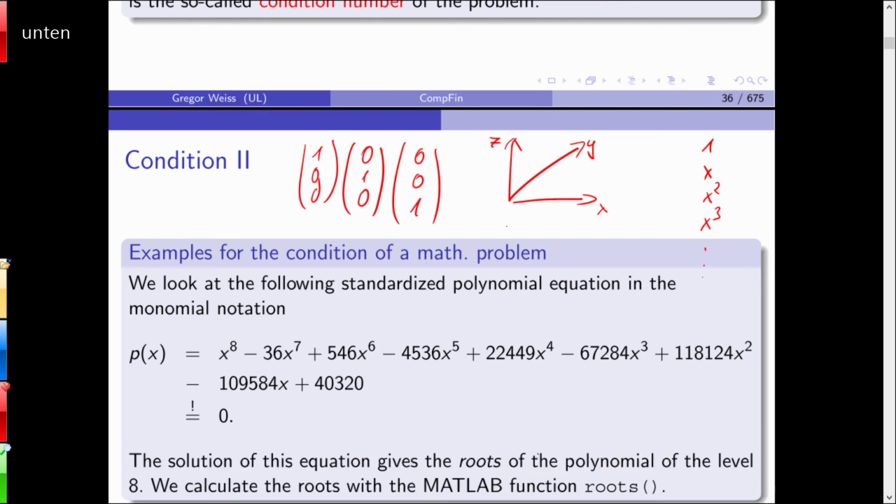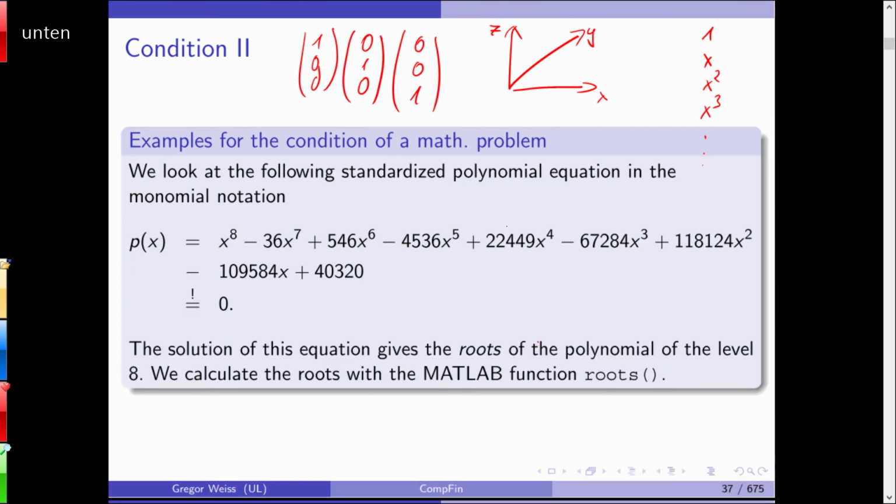This is a polynomial in the monomial representation: x to the 8th minus 36 times x to the 7th, and so on. And we want to find the roots, the zeros, the Nullstellen of this polynomial. We can simply use the MATLAB standard function roots and put in the vector of coefficients.